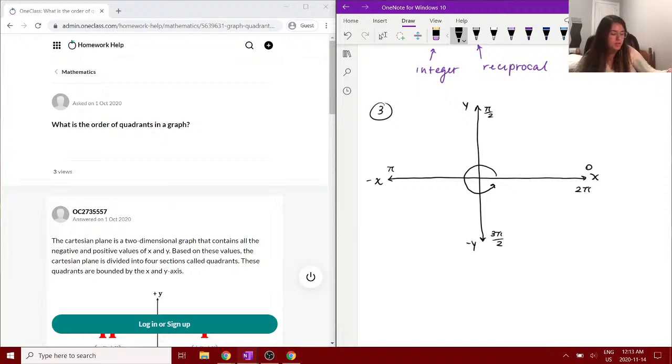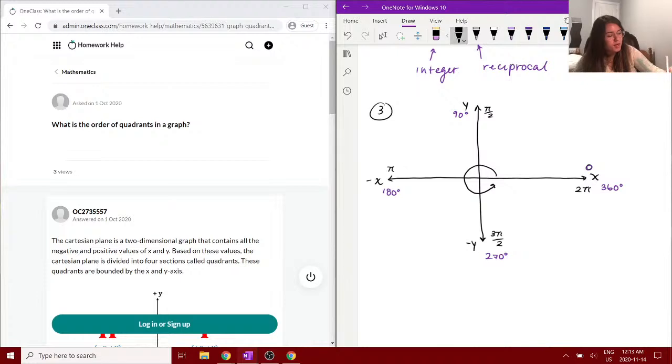We can also think of this in degrees, obviously, so we have 0 degrees here, 90 degrees, 180 degrees, 270 degrees, or 360 degrees. Okay, so yeah, that tells you to go around counterclockwise in this circle.